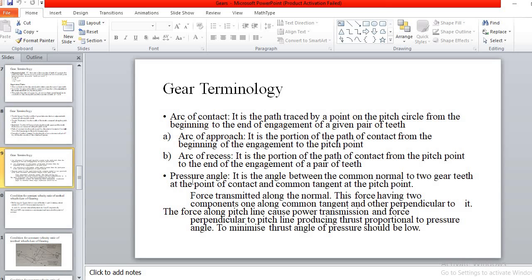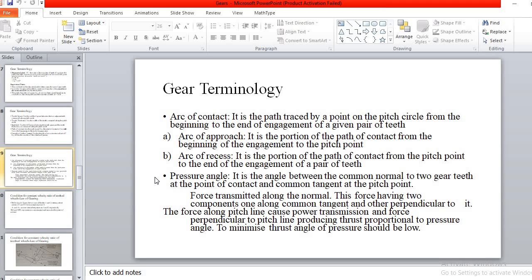The pressure angle is nothing but the angle between the common normal, which is drawn at the point of contact of two meeting gears passing through the pitch point, and the pitch line, or the tangent to the two pitch circles at the pitch point. So it is the angle between two lines.